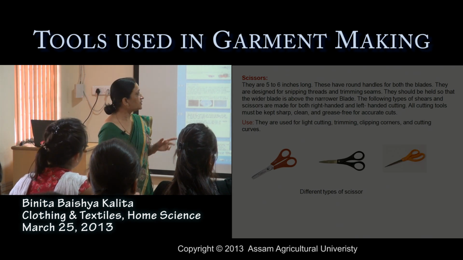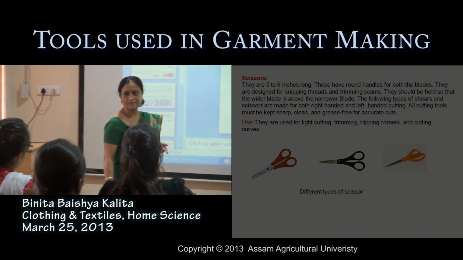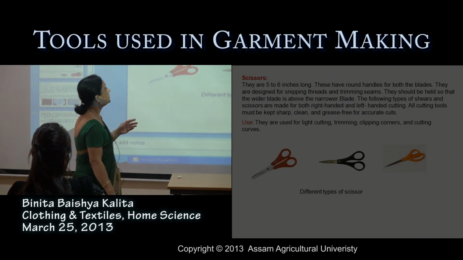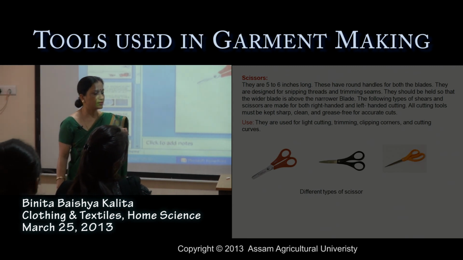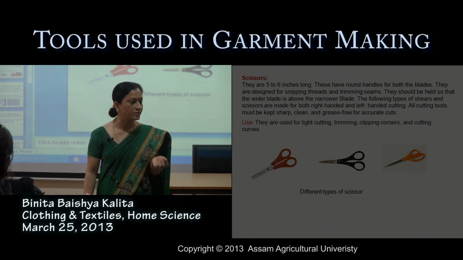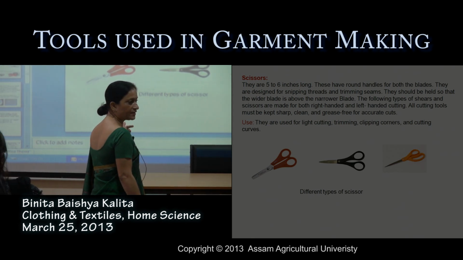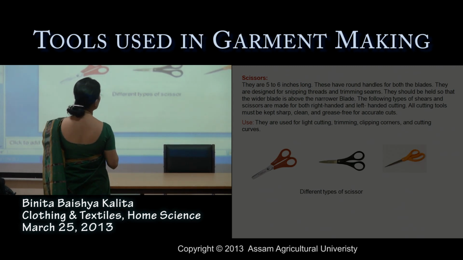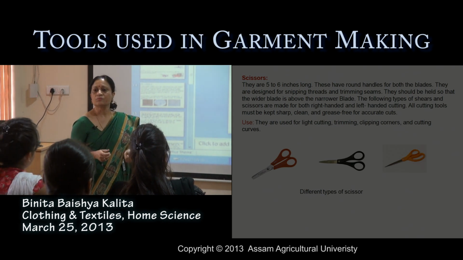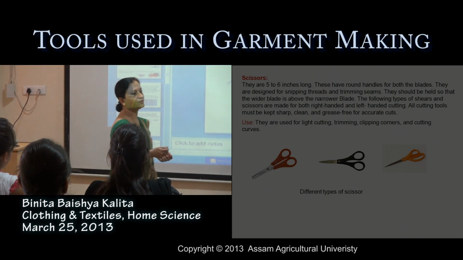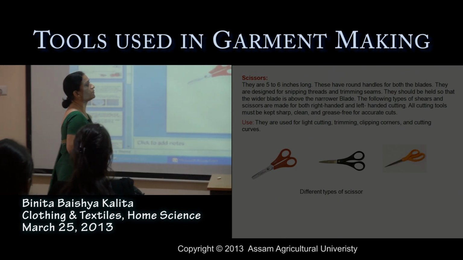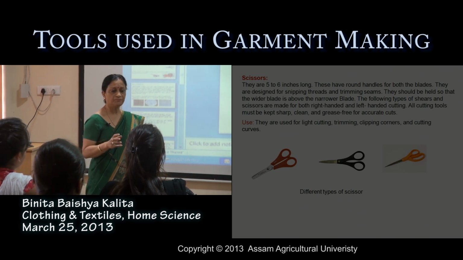The length of the scissors will vary from 5 to 6 inches, and the edge of the blade sometimes you will get pointed or also blunt, and both blades are attached by a screw at the center, so you can move the scissors very easily. And these are used for cutting, trimming, clipping. And clipping, do you know what is clipping?